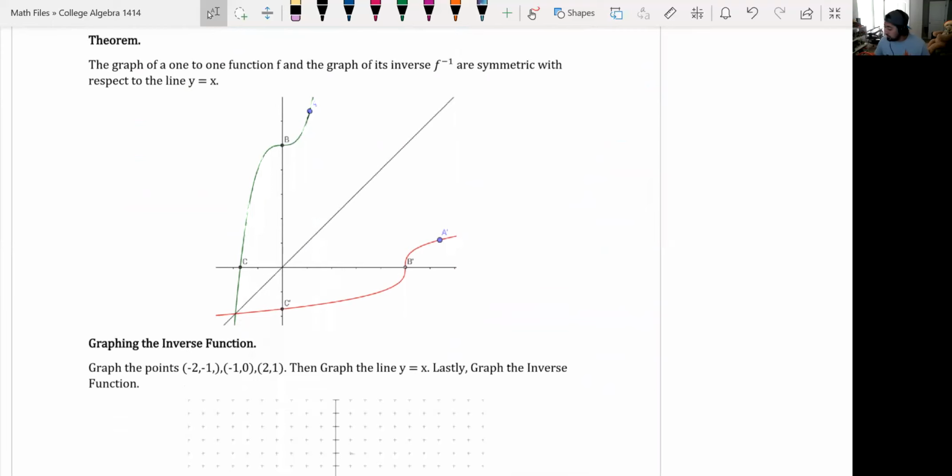All right. Next theorem. If you have a one-to-one function and you graph it, well, what we know now is that one-to-one functions have an inverse.